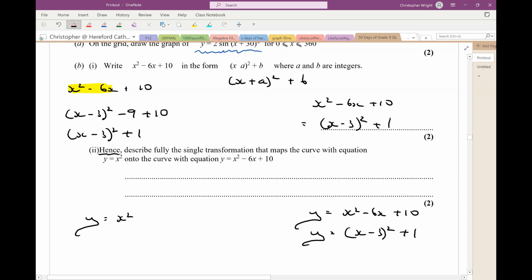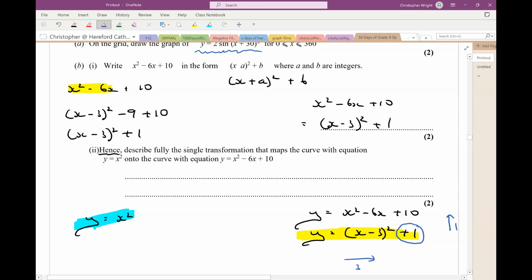And so now you can read off the vector that you need to translate this curve by. The plus 1 means that the curve will move 1 in the y direction. And the minus 3, that's inside the bracket. Remember, that means it's going to move the wrong way, so it's going to move 3 that way.